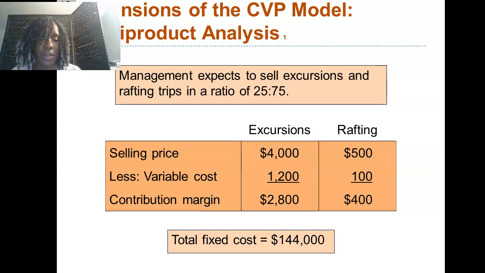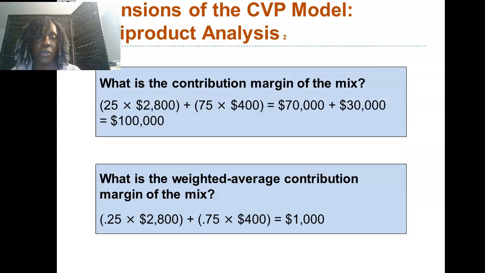If we know our contribution margin is, can we determine how many sales, how many excursions or wrapping trips we need to have in order to attain a certain level of contribution margin, 25% or 75%? So, depending on the question being asked or the problem you're trying to solve for, one would suspect you will be better able to determine which ratio or which type of formula you'll need to use to answer those types of questions.